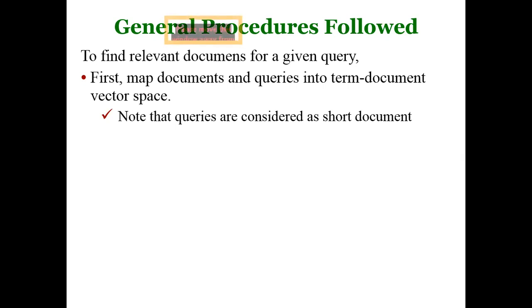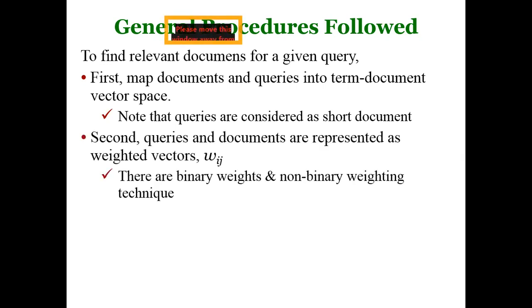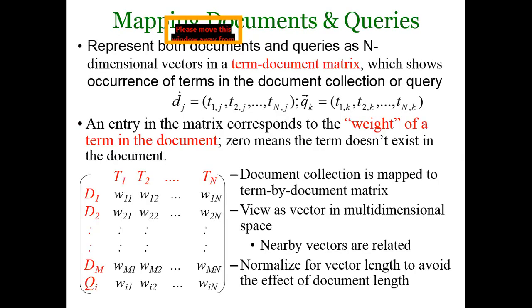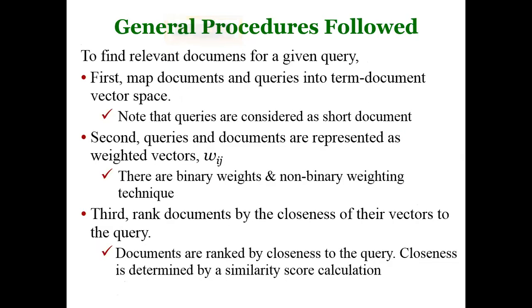Terms are listed column-wise, documents are listed row-wise, such that the terms intersect with documents, and the intersection points between terms and documents are filled with weights. What kind of weight to use is one of the issues now.